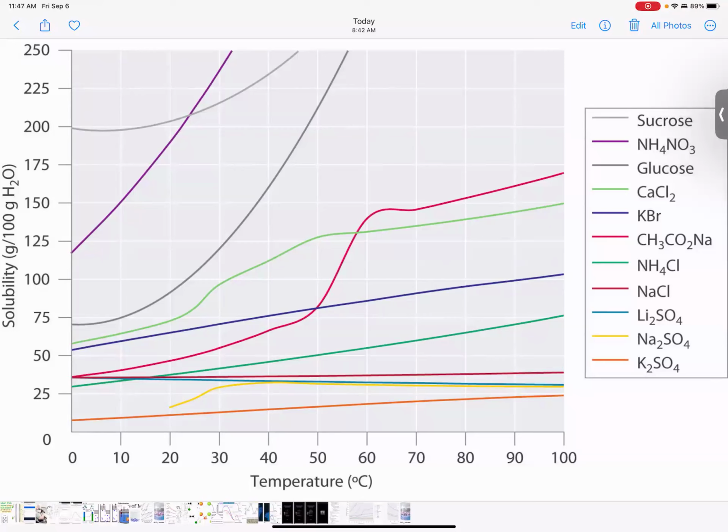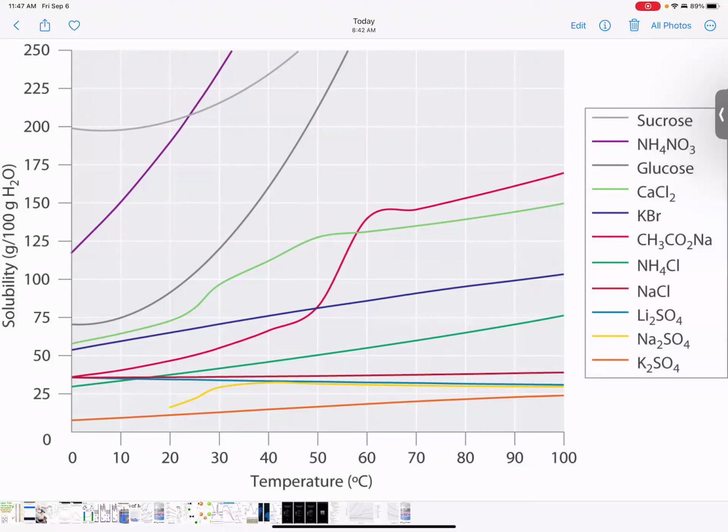Okay, let's look at 150 grams of ammonium nitrate. Ammonium nitrate is this purple line. I have 150 grams in 50 grams of water. This is a little tricky.